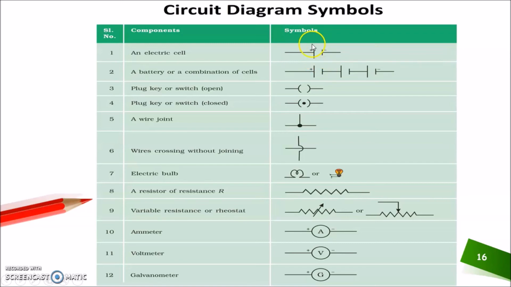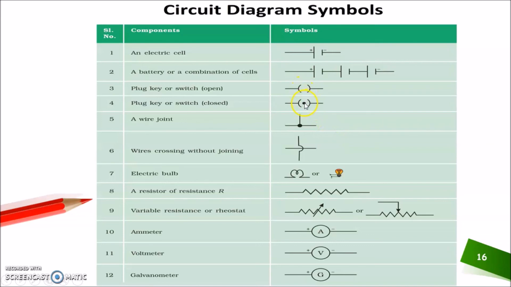If we join more than two cells together, then we can call it a battery or combination of cells. This is our plug key. Open means open circuit. Open circuit means that circuit in which current will not be able to flow.